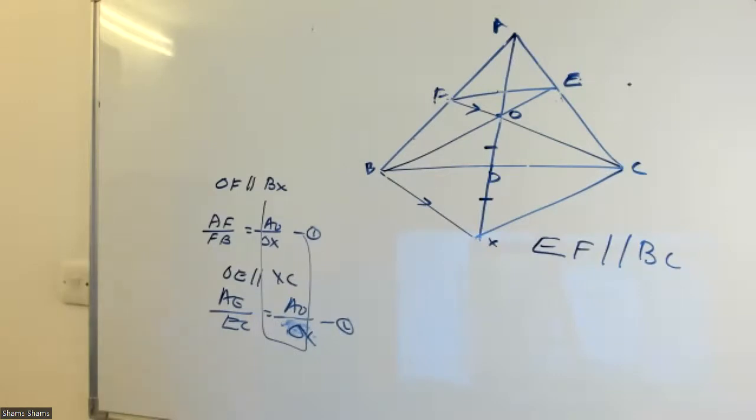This is called 2. From 1 and 2 we get AF by FB equals AE by EC.